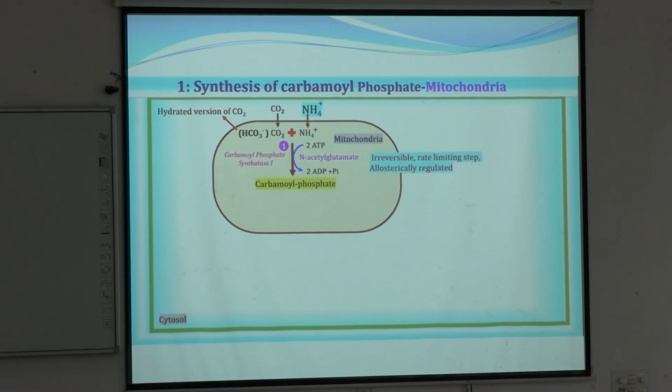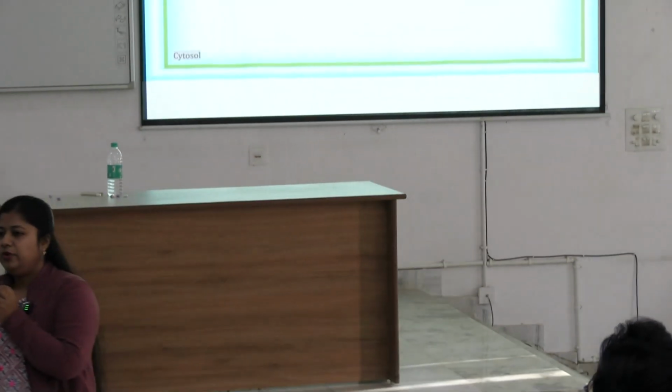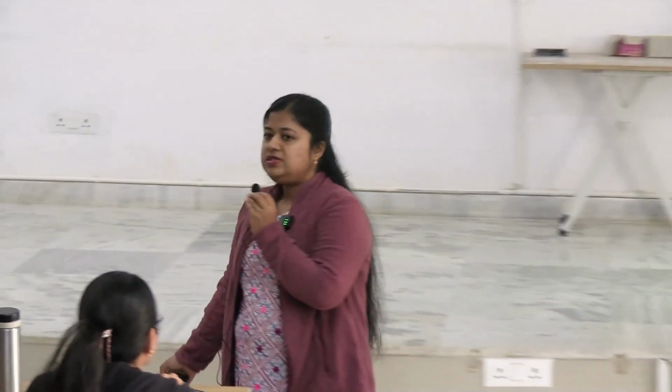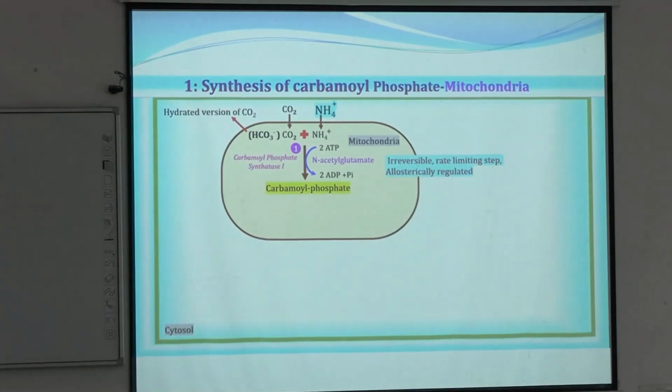Clear? This step is clear. Carbon dioxide with ammonia with water forms carbamoyl phosphate in the presence of the enzyme carbamoyl phosphate synthetase 1, and it is allosterically regulated by NAG, that is N-acetylglutamate. This is the irreversible rate limiting step.